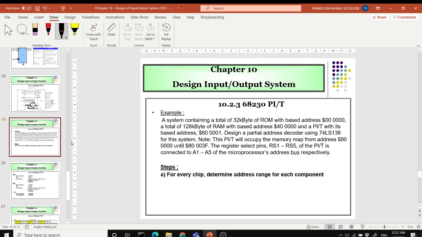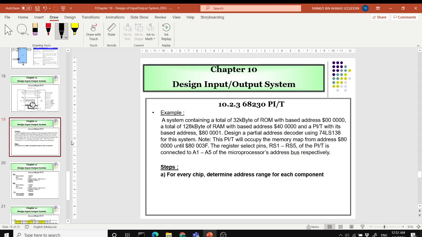Design a partial address decoder using 74LS138 for this system. Note, this PIT will occupy the memory map from address 800000 to 80003F. The register select pins RS1 to RS5 of the PIT are connected to A1 to A5 of the microprocessor's address bus respectively.